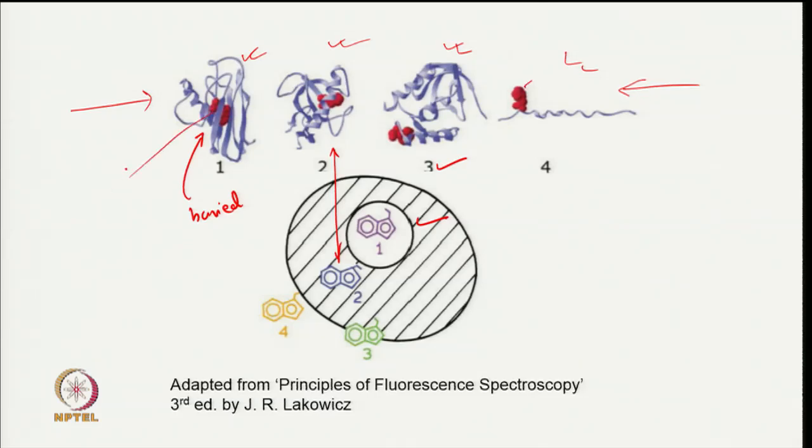In this conformation, tryptophan is buried inside. In this conformation, tryptophan is totally exposed, and you have other conditions where the accessibility of tryptophan is different. As you go from this conformation to this conformation, accessibility of tryptophan will increase.